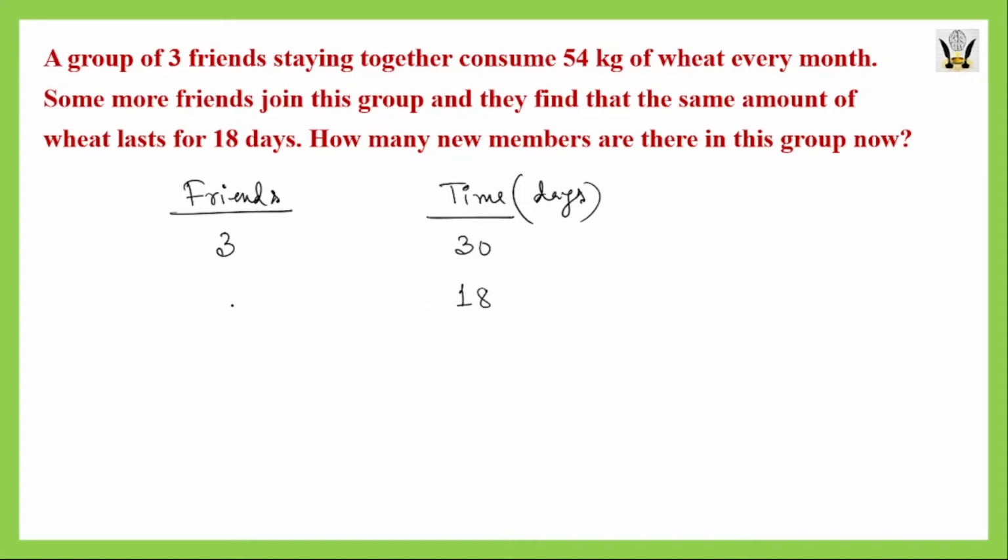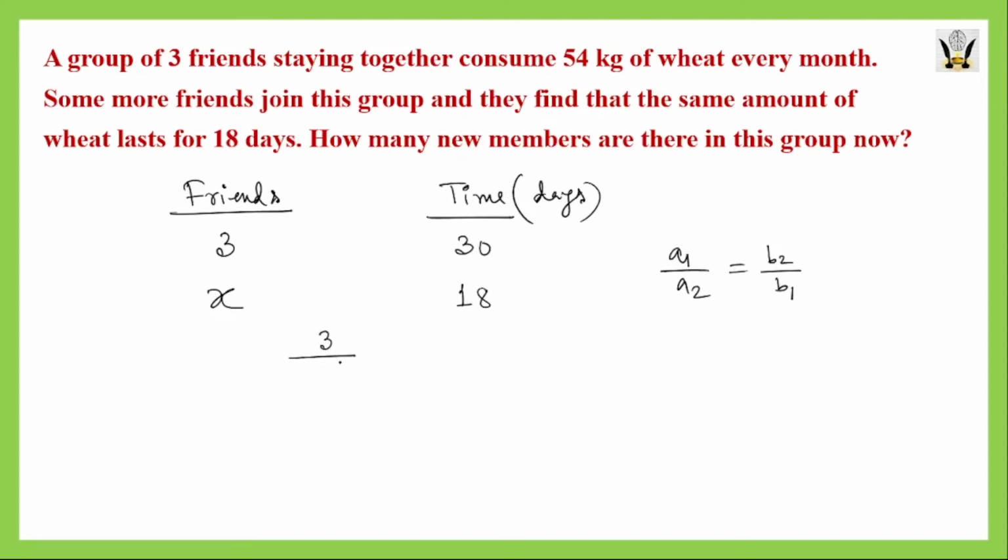Since we don't know how many friends have joined, we'll assume that the total number of friends now in that group is x. Since they are in inverse variation, a1 divided by a2 will be equal to b2 divided by b1.